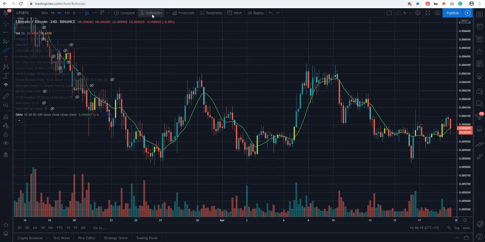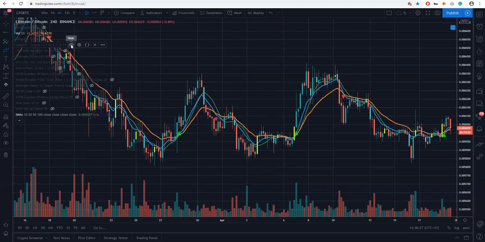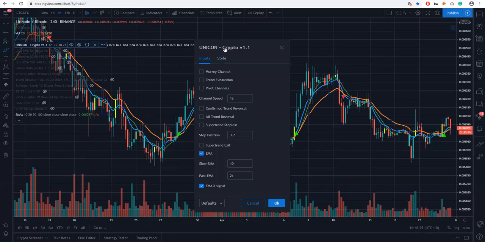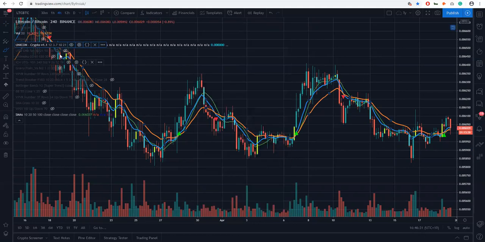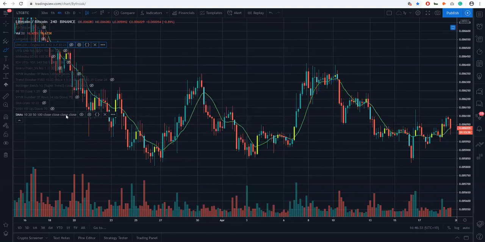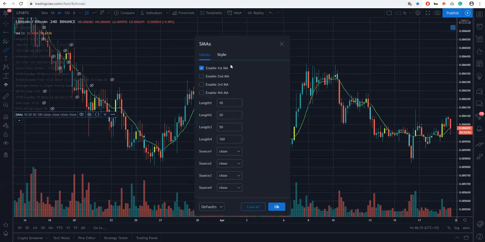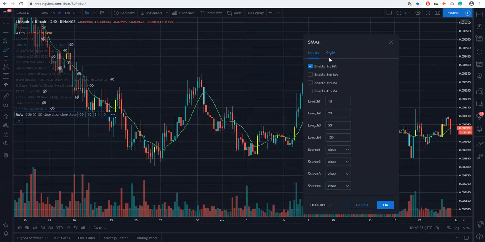If you go to your indicators, this is just a multiple SMA. For anyone else, you can use our Unicon EMA, which we'll get into in just a second, but we're looking at SMAs at the moment. So you want to add a second SMA to this. This is a multiple SMA fan, 10, 20, 50, 100.